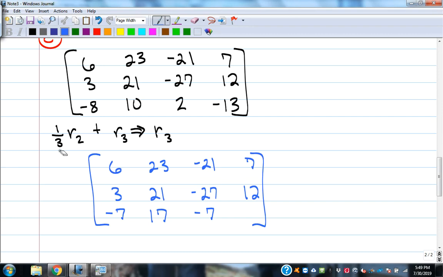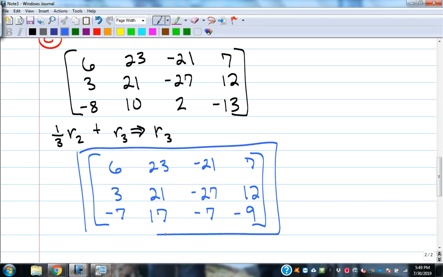Then we take 1/3 of 12, which is 4. 4 plus -13, -9. And we finish that row operation. There's nothing more complicated about row operations. It really is straightforward. Follow the instructions, only changing one row at a time.